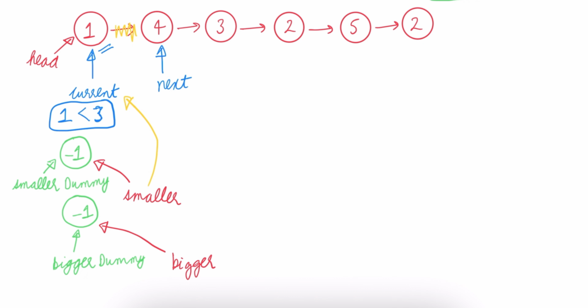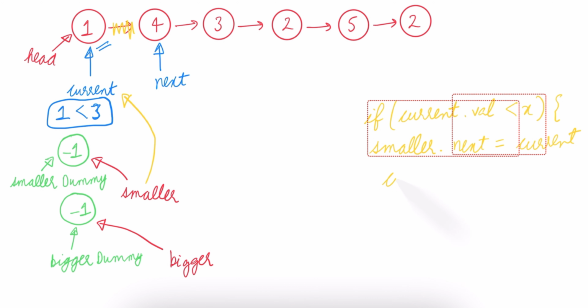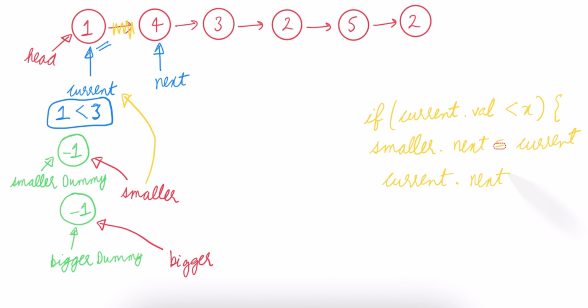So the code is going to look something like this: if current.val is less than x, then smaller.next is going to be equal to current, and current.next is going to be null.